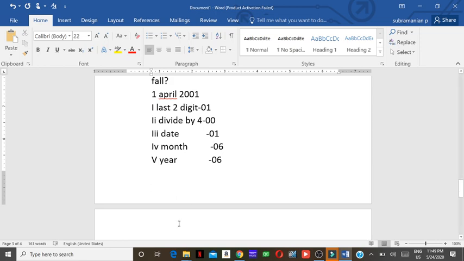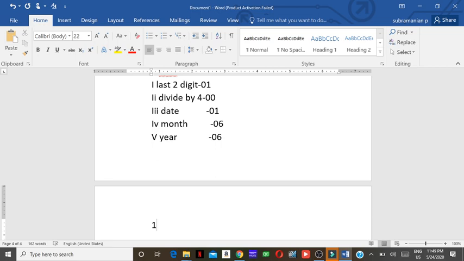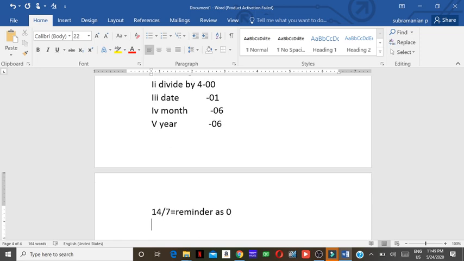By adding these 5 steps, we are getting 14 as the answer. So 14 divided by 7 gives the remainder 0. You know already 0 is represented as Sunday.